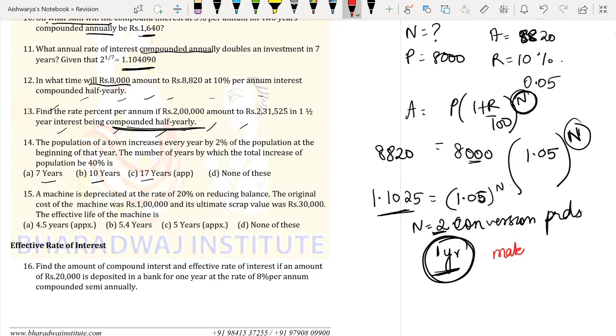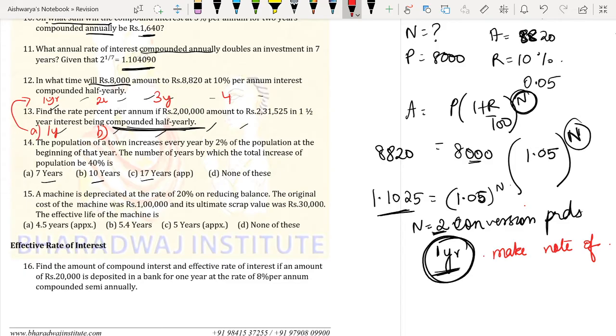When you're substituting, be careful, because the options given to you will be 1 year, then 2, then 3, then 4. So you will be substituting 1, you will not get. You will be substituting 2, you will get it.